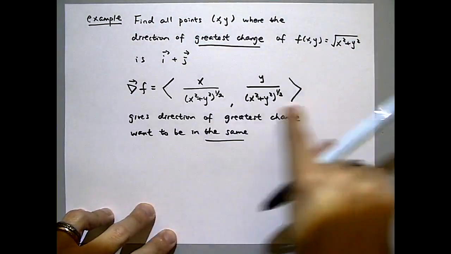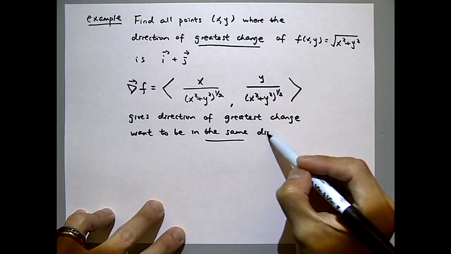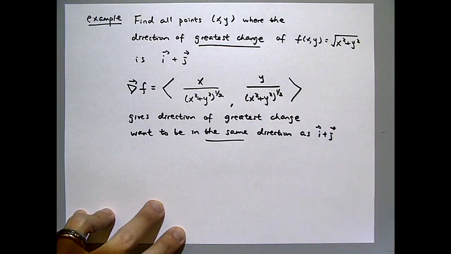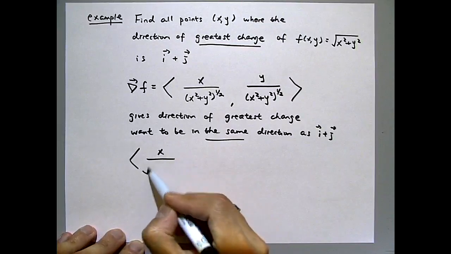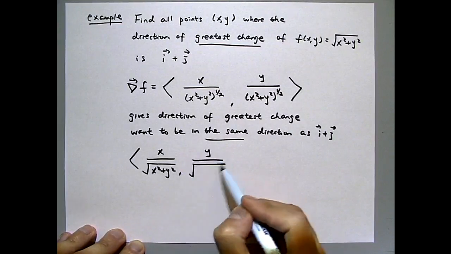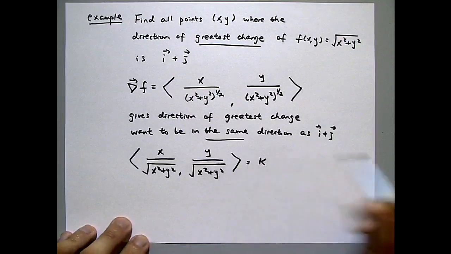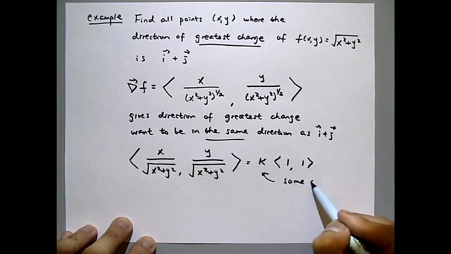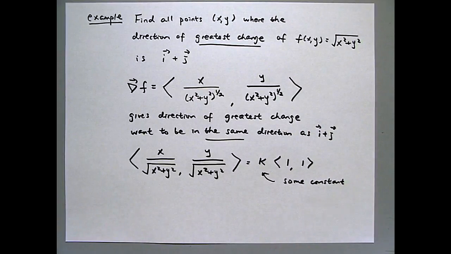But now we found out the gradient vector is equal to this, and we want these to have the same direction. So we set these two not exactly equal, but we want these two to be constant multiples of one another, because these two things can have different magnitudes.